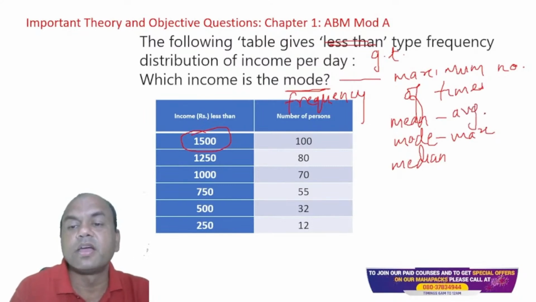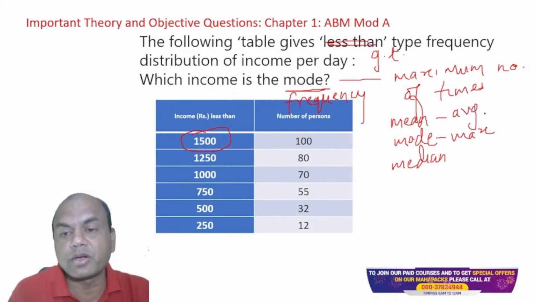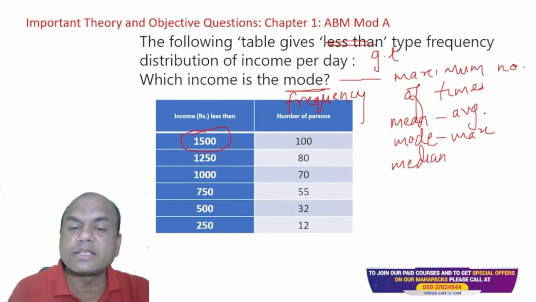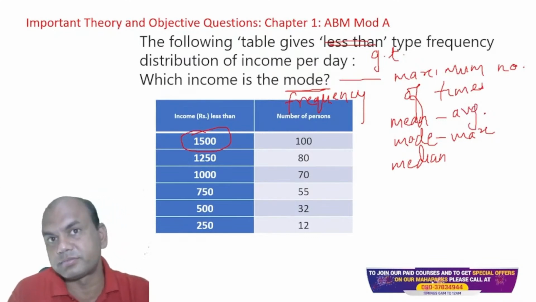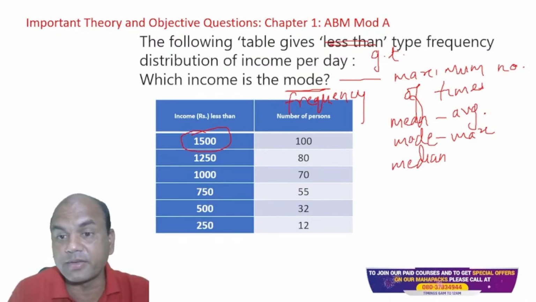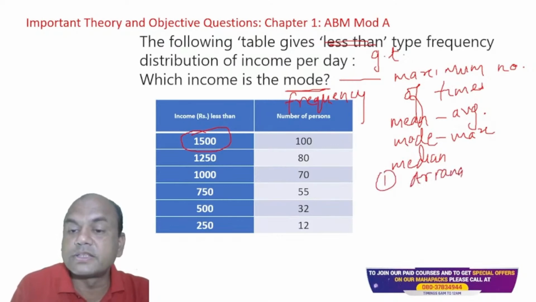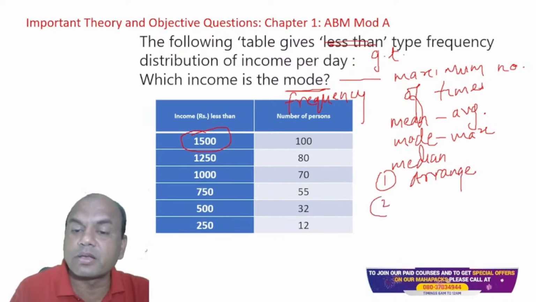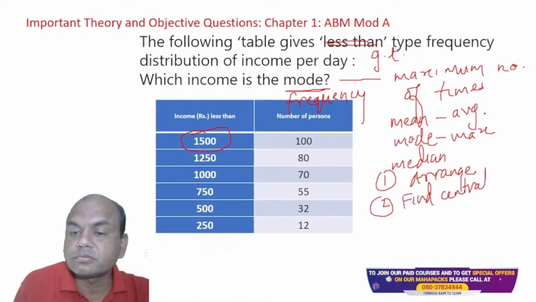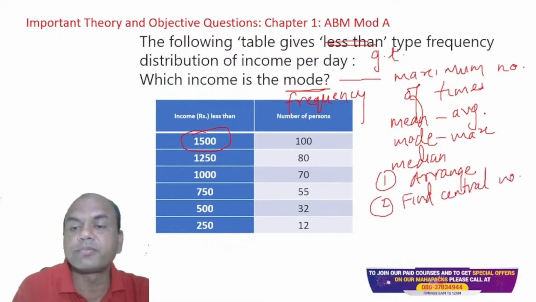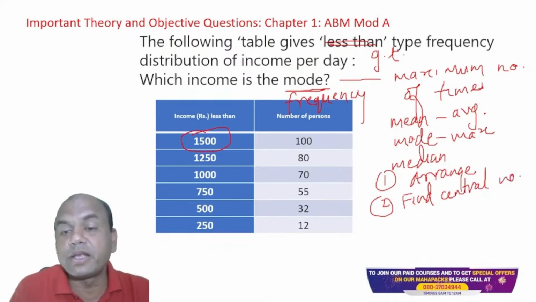Median means I'll arrange these numbers in the serial order, either ascending or descending. There are two steps to median. First, arrange them in serial order, and then find the central number. So this is known as median.